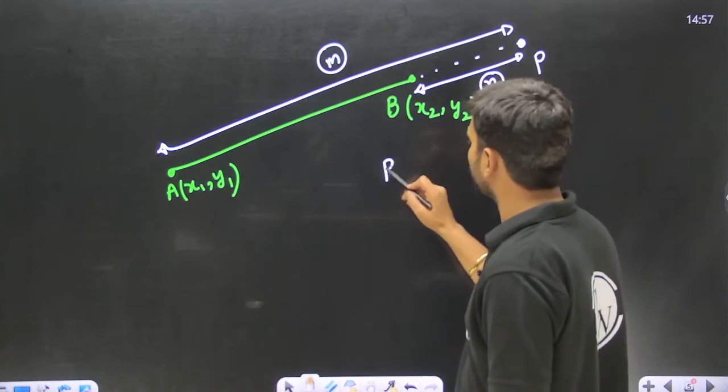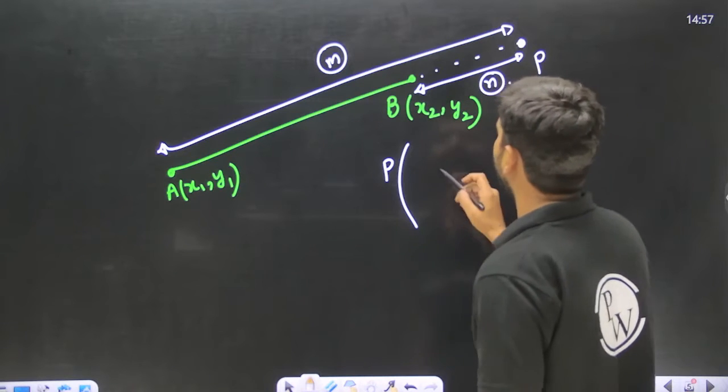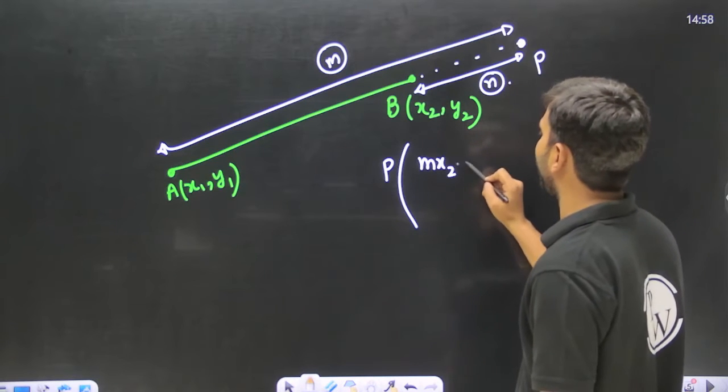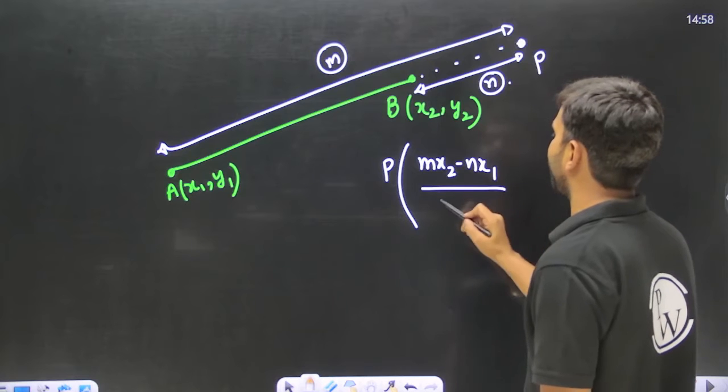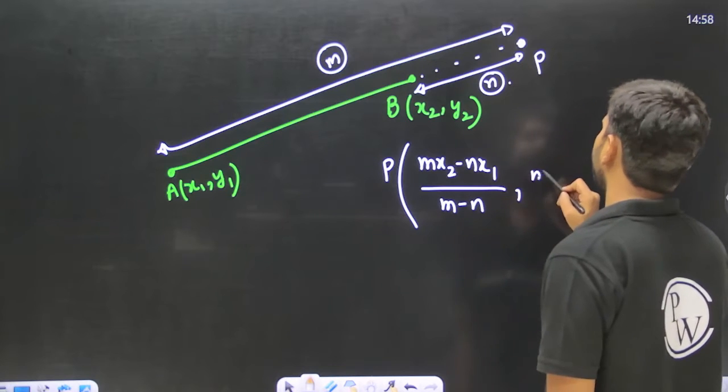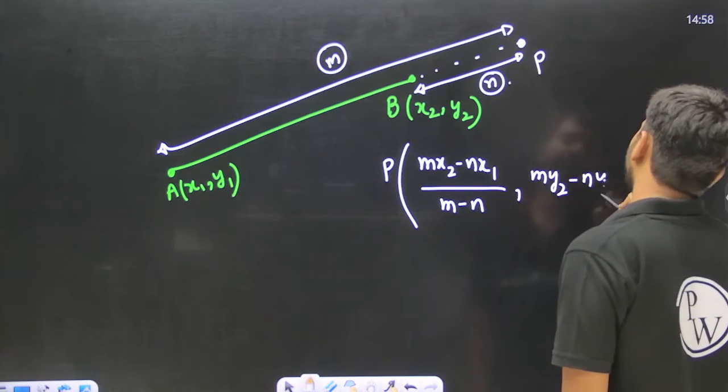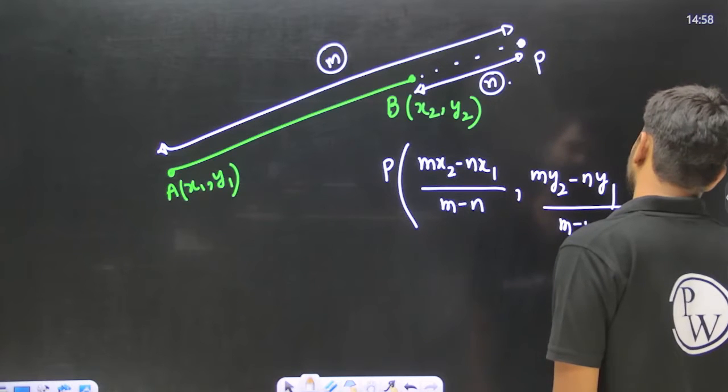In that case the coordinates of P will be written as (m into x2 minus n into x1) divided by (m minus n), comma (m into y2 minus n into y1) divided by (m minus n). So that is the thing.